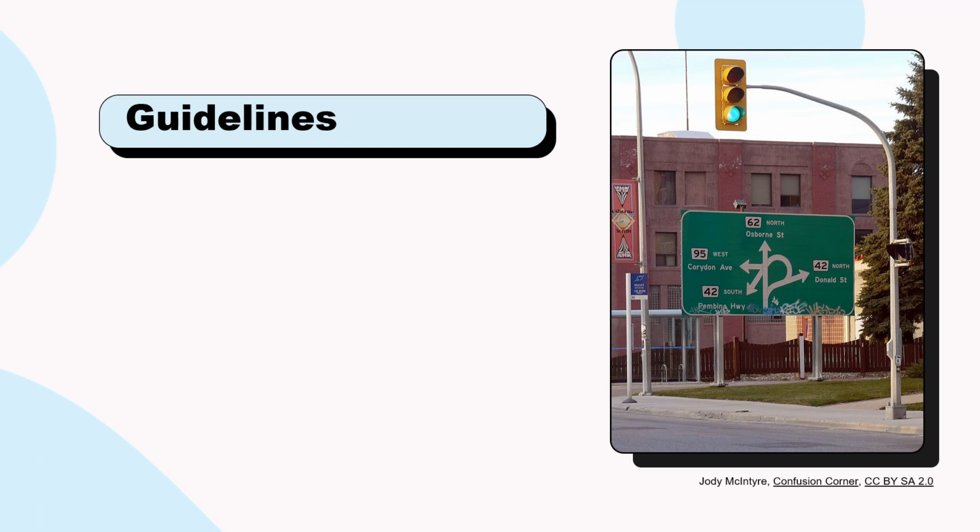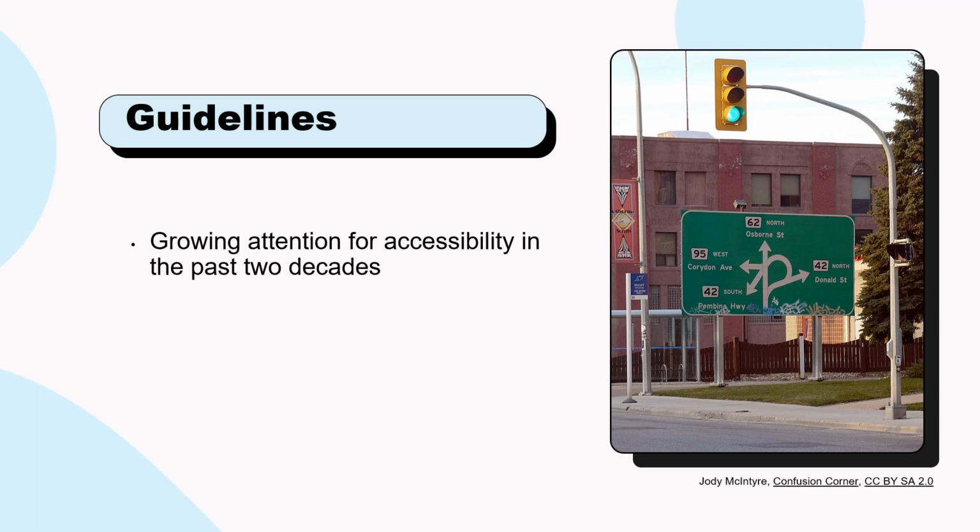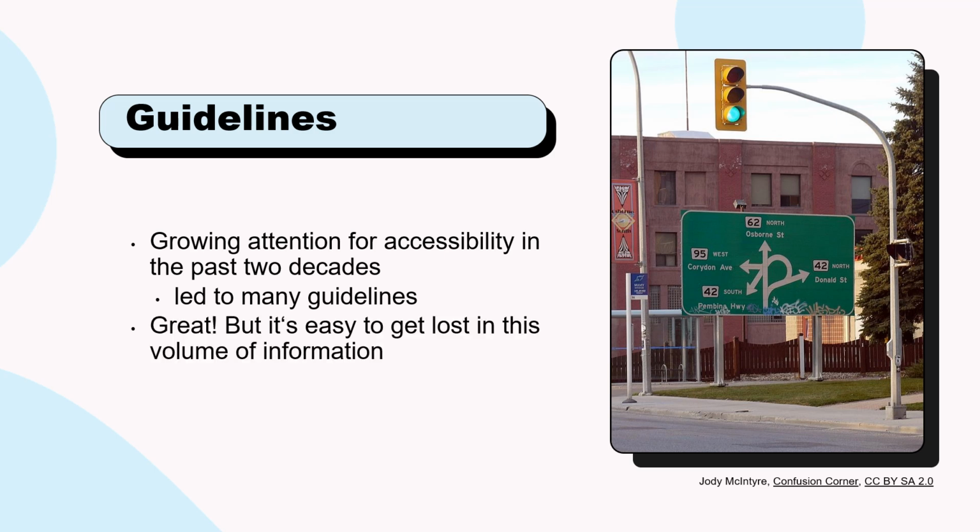There's a good chance you've already come into contact with accessibility guidelines, or at least heard of them. In the last 2 decades, the topic of accessibility has garnered growing attention in the game industry, and subsequently more and more such guidelines have been introduced. That's wonderful, of course, but it also means that it's easier than ever to get lost in this abundance of information.